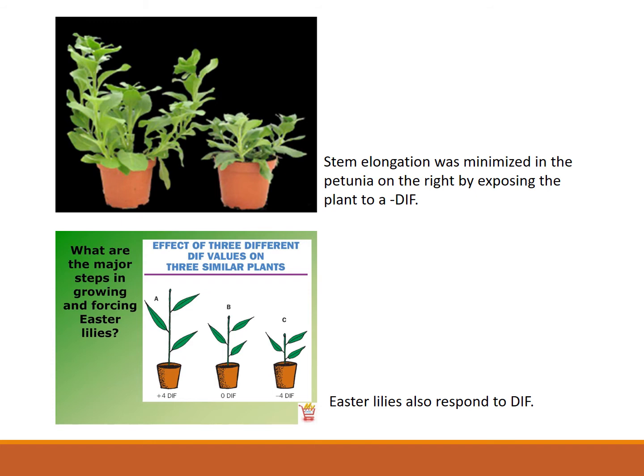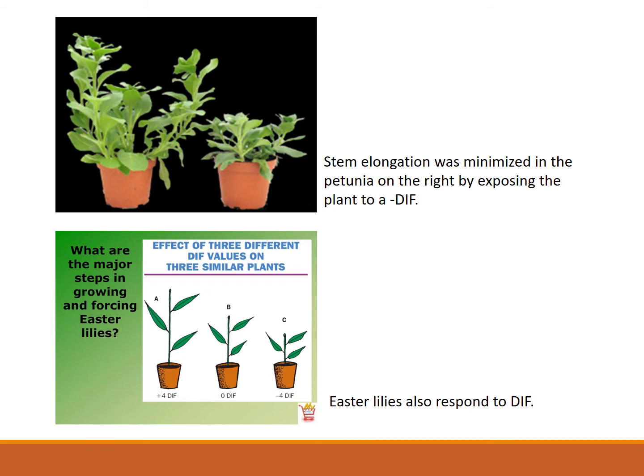So stem elongation was minimized in the petunia on the right by exposing the plant to a negative diff. What that means is the plant on the right was grown in a greenhouse environment where the nighttime temperature was set higher than the daytime temperature. That resulted in a negative diff, and the plant is shorter and more compact.